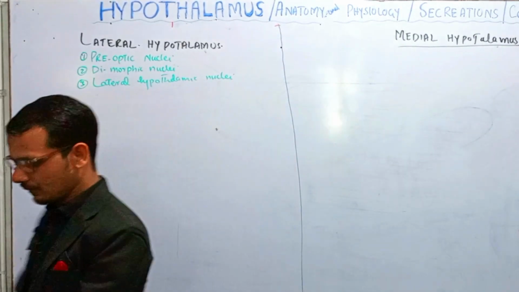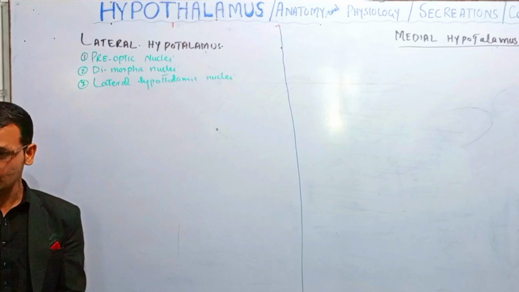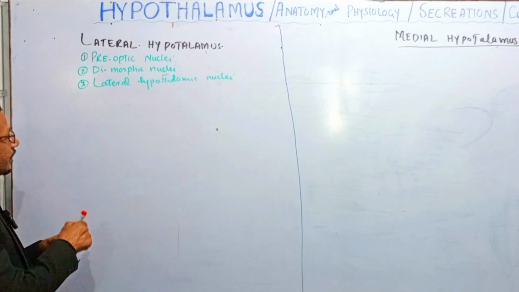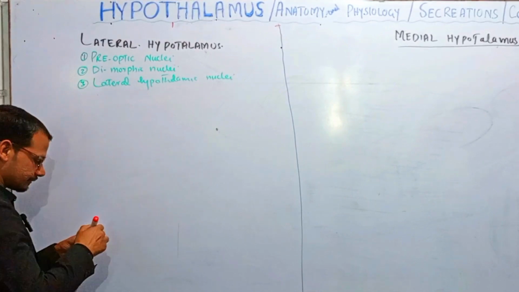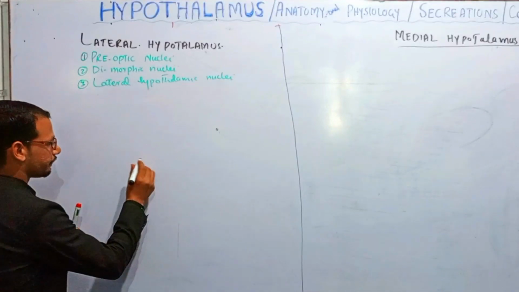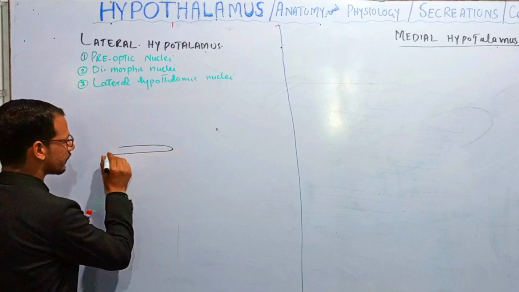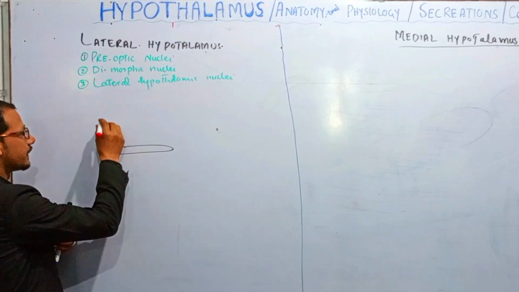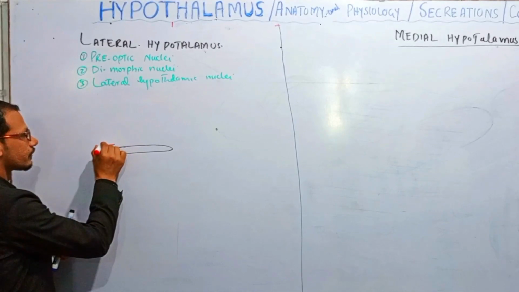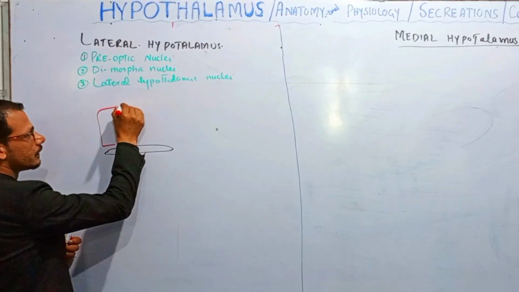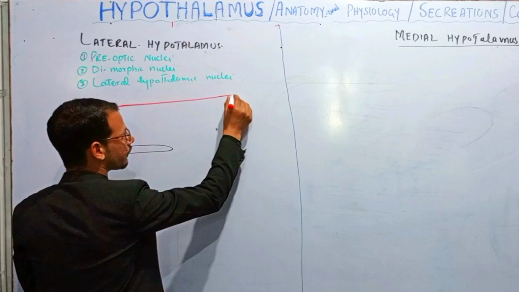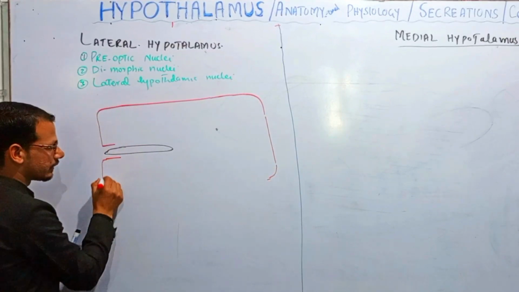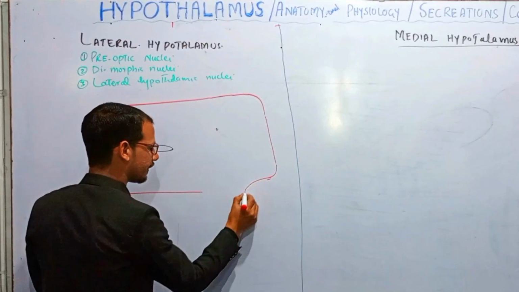For example, I am taking this hypothalamus again, but only the hypothalamus, right? For example, this is the third ventricle, right? Here generally this is the full hypothalamus.